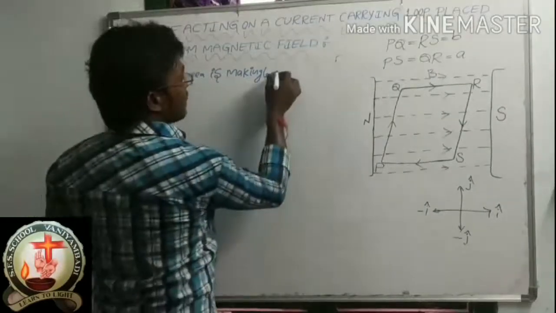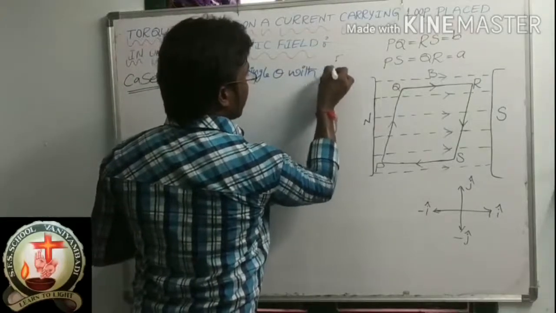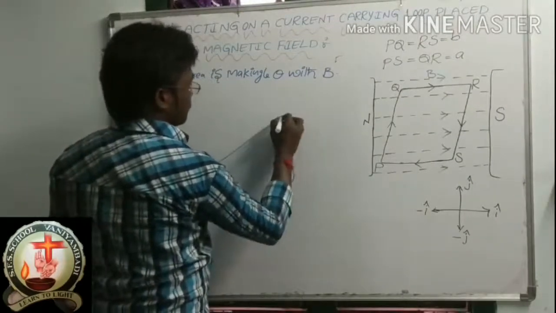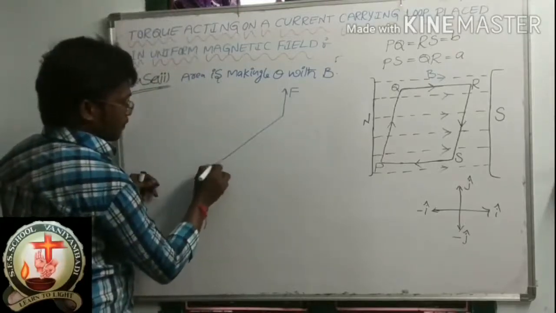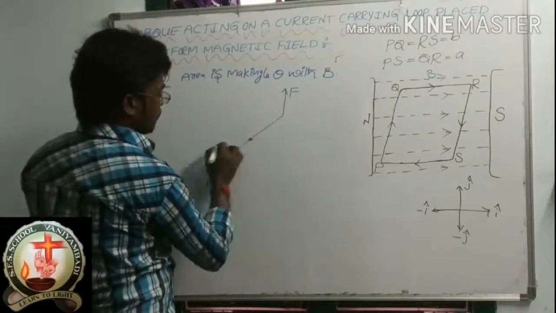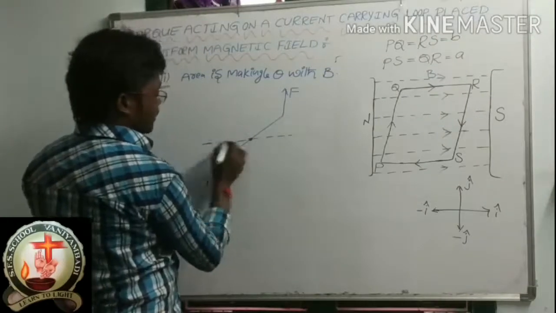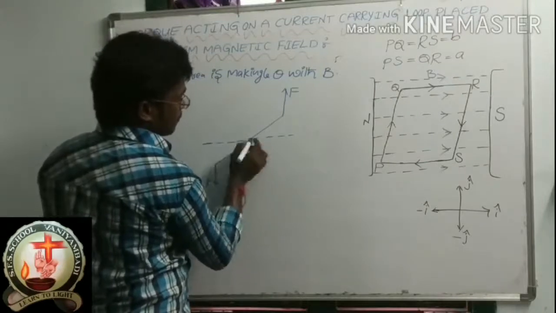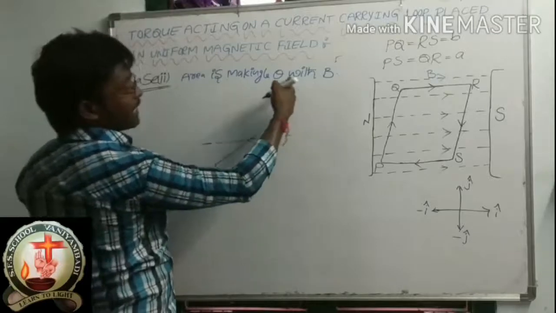The area is making angle theta with B, the magnetic field. So this is the B. Here what is the area? This direction. Then the area is making angle theta with B.